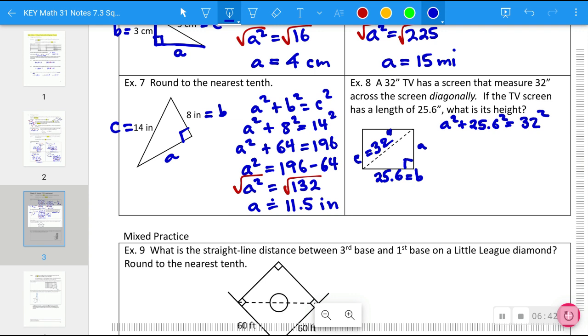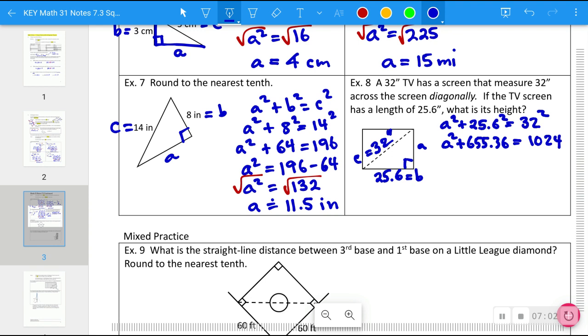All right, so the next line, and we're going to figure out what 25.6 times itself is. And that would be 655.36. And on the other side, 32 times 32 is 1024.